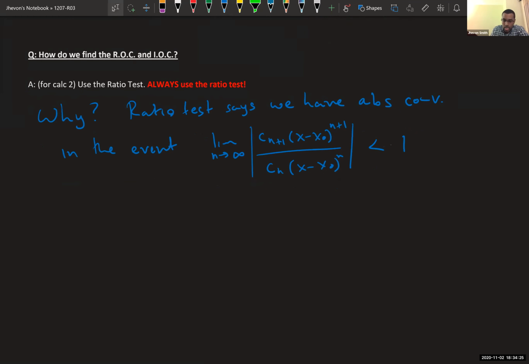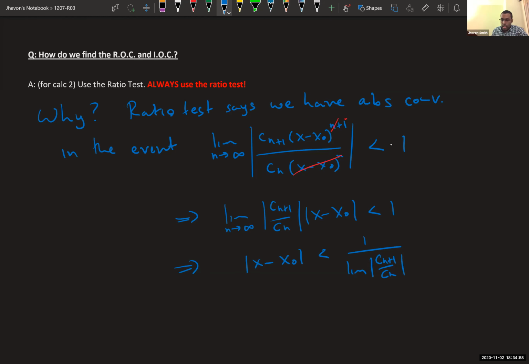Now, what you'll notice is that here you'd be able to simplify a little bit, and you'd have just the limit as n approaches infinity of Cn plus 1 over Cn times the absolute value of x minus x naught, less than 1. And so basically you'd have the absolute value of x minus x naught less than 1 over whatever this limit is.